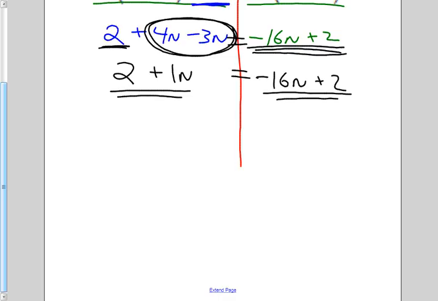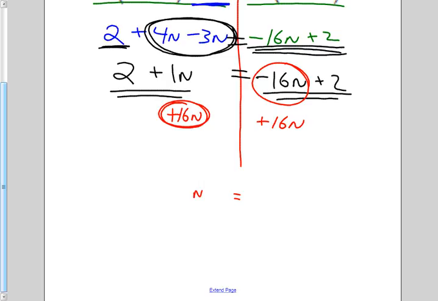So now I got to start rearranging terms. Remember, my end result down here, I still want n equals. So I'm going to move this 16n over to this side. And in order to do that, we're going to add it. And as long as I do 16n plus 16n to both sides, I won't have changed my equation. So what does that look like?